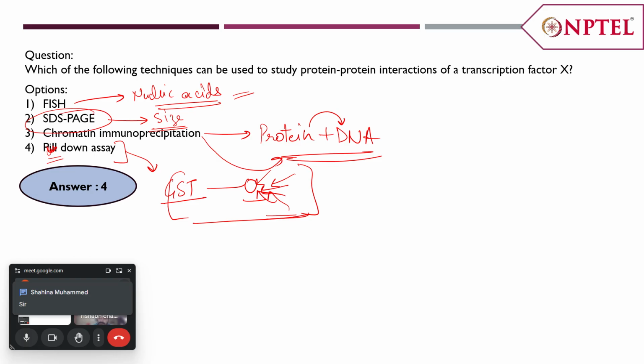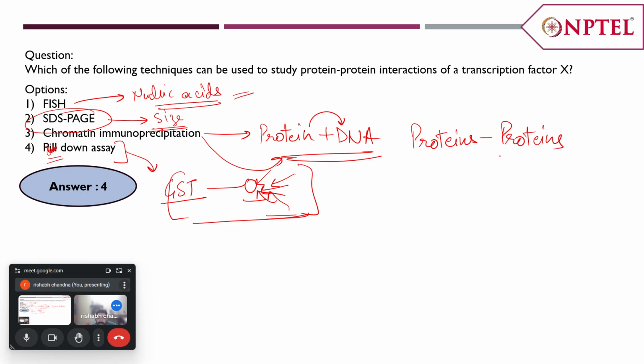Yes, that's what I explained. For example, if two proteins are interacting, how will they interact?